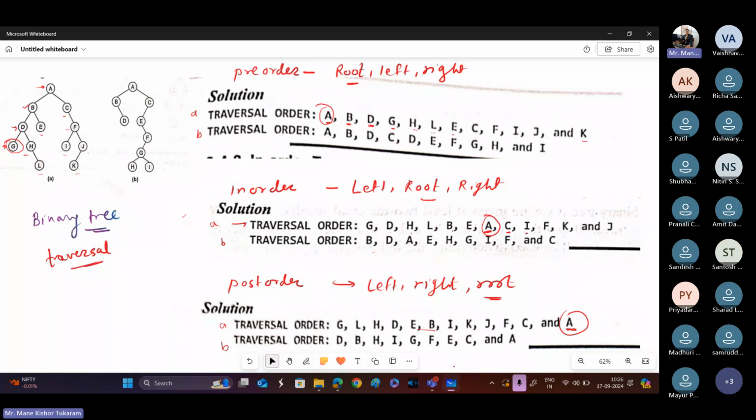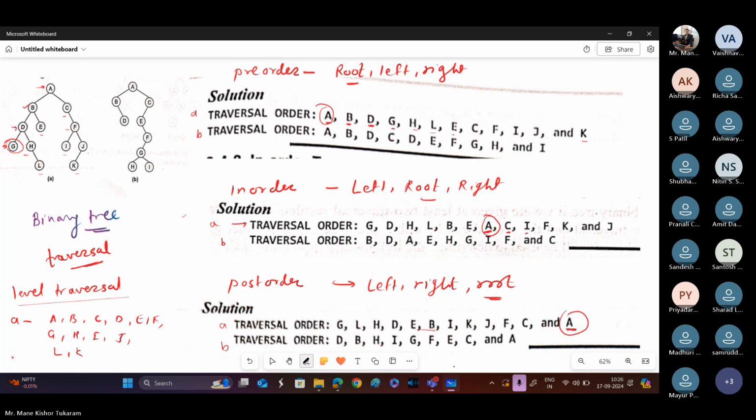And one more, that is level traversal. So inside the level traversal, what happened? We have to process the particular tree level wise. So for the first tree, it is A, B, C, then D, E, F, then G, H, I, J, and L. That is level wise, we have to process it.